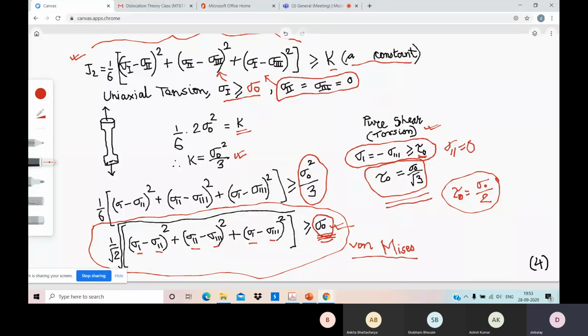But for design this is quite applicable, because it gives you reliable prediction. It may not be very accurate, but it will be close. If the criterion is satisfied, then there is a high chance that yielding will occur, because Tresca and von Mises both are satisfied.